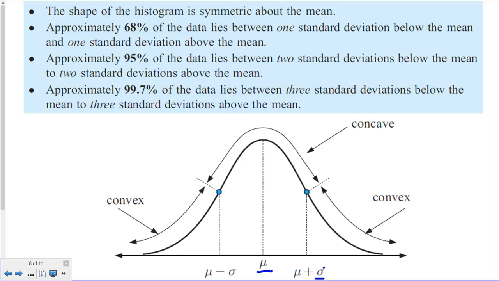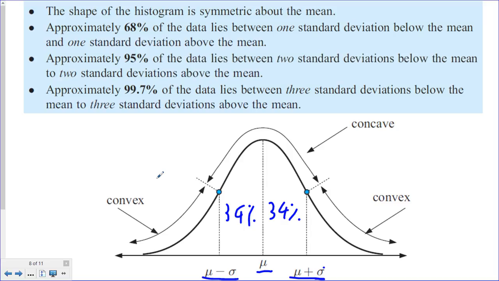So this point here is one standard deviation above the mean, and this is going to be one standard deviation below the mean. So approximately 68% of the data lies between there and there. That means there's 34% in here and 34% in here.